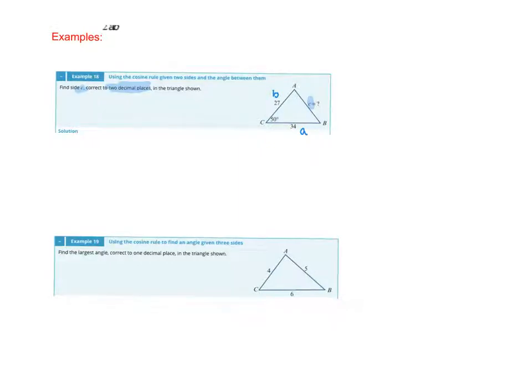Because we're looking to find the side c, we're going to use the c rule. So c squared equals a squared plus b squared minus 2ab cos C. So you just substitute in everything that you know.